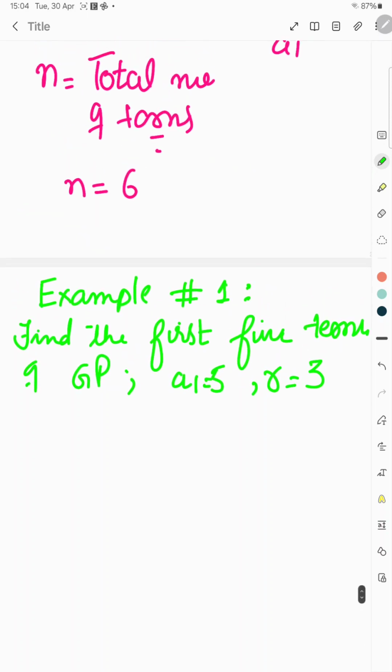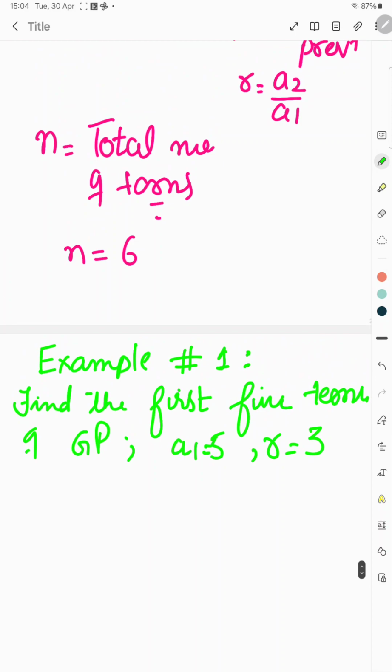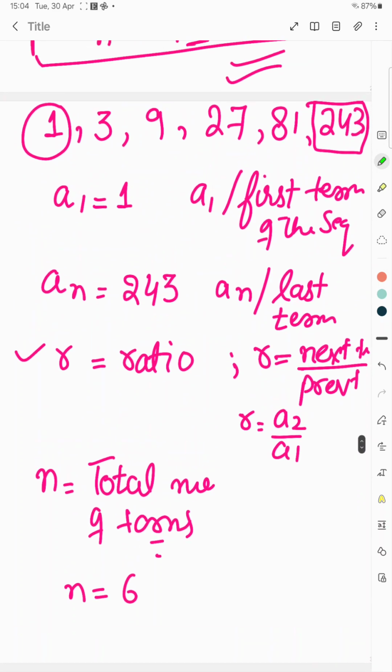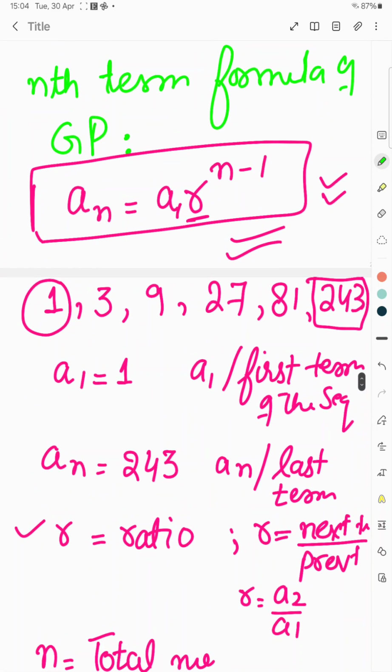So student, before we solve this example, I just want to clear one more thing to you, that this nth term formula is not only used to find the last term of the sequence, but this formula is used whenever they ask about any term in the sequence.